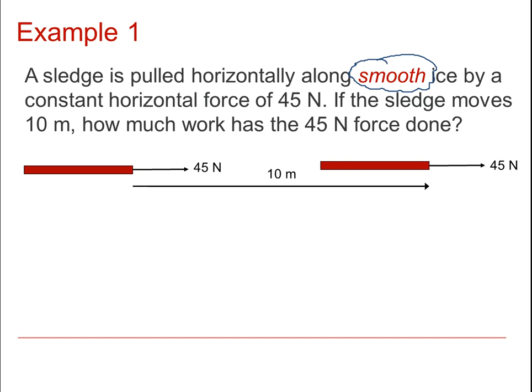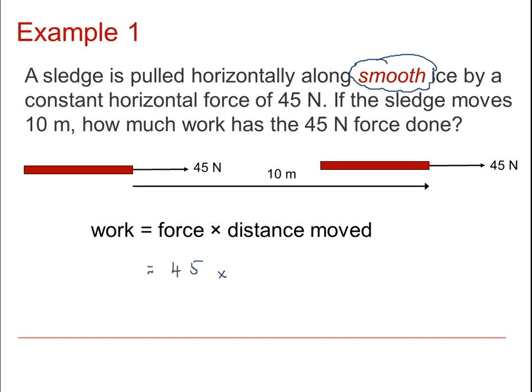They are negligible compared to the 45 newton force that we're pulling with. If the sledge moves a distance of 10 metres, how much work has been done? We know that work is force multiplied by distance moved, so this is simply 45 multiplied by 10, which gives us 450 joules.